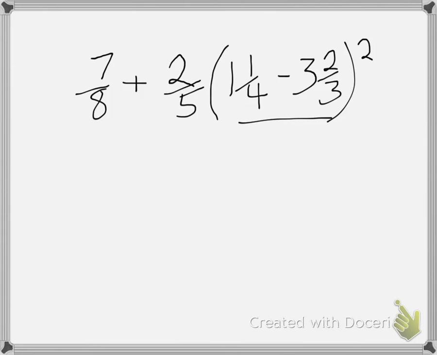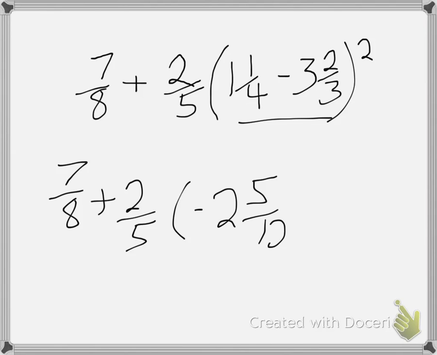Alright, so you say you got -2 and 5/12. I did not get that. I need help. You do 1 1/4 minus 3 and 2/3. I do not understand calculators. I got 12,736. Oh, you already squared it.